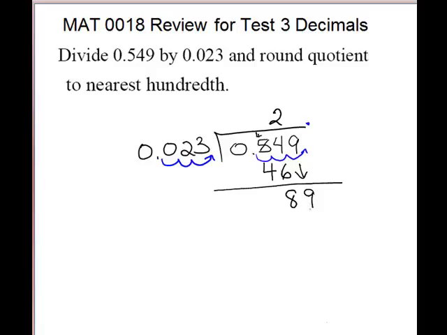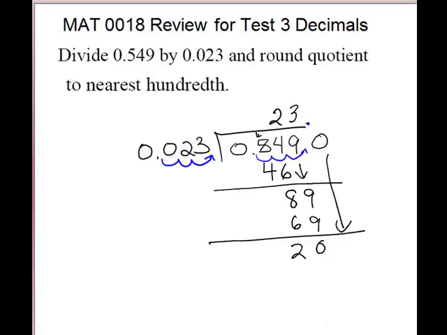So 20, 40, 60, 80. 4, except 4 times 3 would be 12. That's going to push you over. So we'll have to go with just 3. 3 times 3 is 9. 3 times 2 is 6. Subtract. And that is lower than our divisor, so we did it correctly.